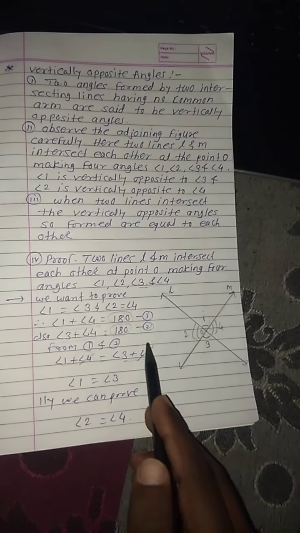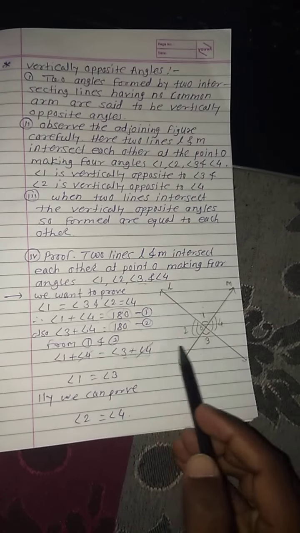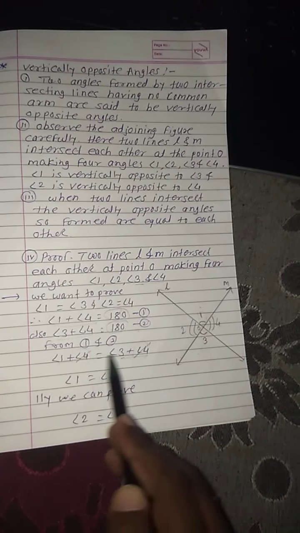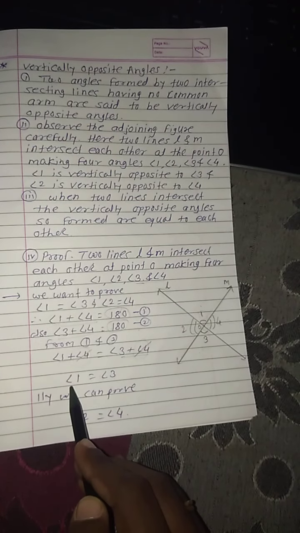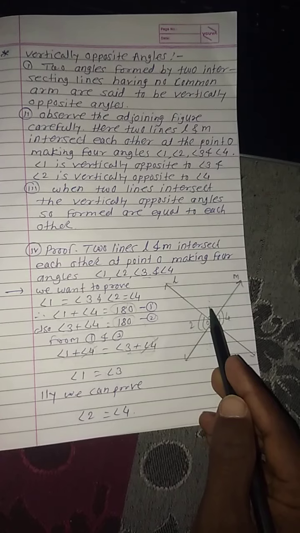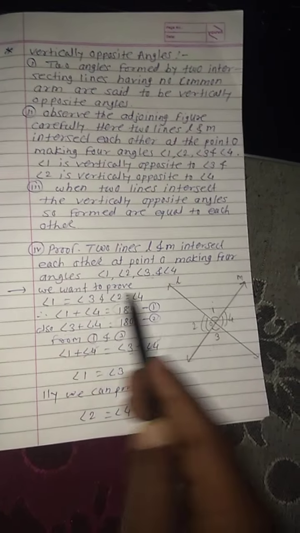Angle 4 and angle 4 have a common measure, so I'll cancel. Then we decide that angle 1 and angle 3 have the same measurement. That is why angle 1 is equal to angle 3, and we proved it.